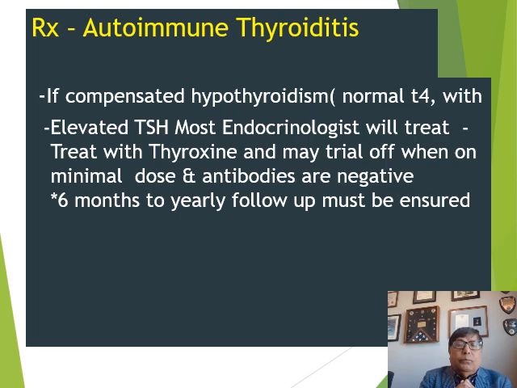And after years, some endocrinologists try a trial off, especially when the requirement of thyroxine is low, the patient's TSH level is in the low normal range, and antibodies have disappeared or are negative. In that situation they might taper it off and see whether this will recur.